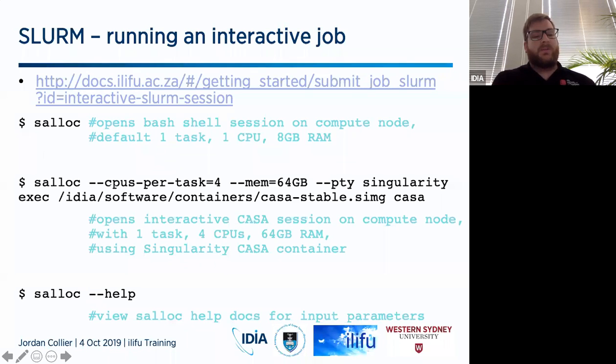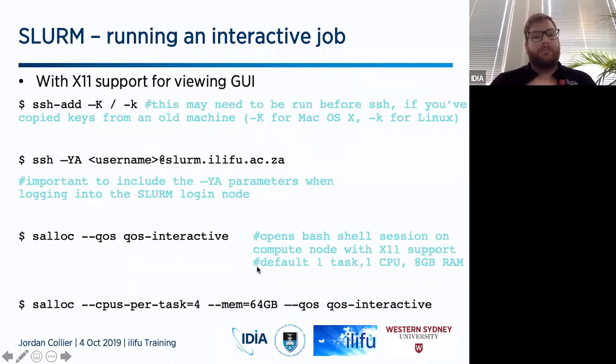But you can also specify different configurations for those parameters. And then you can also even call a singularity container. For instance, this CASA software we could launch like this. And so this would give me an interactive CASA session. You can view the parameters that you can input with help, or you can go to the SLURM docs.